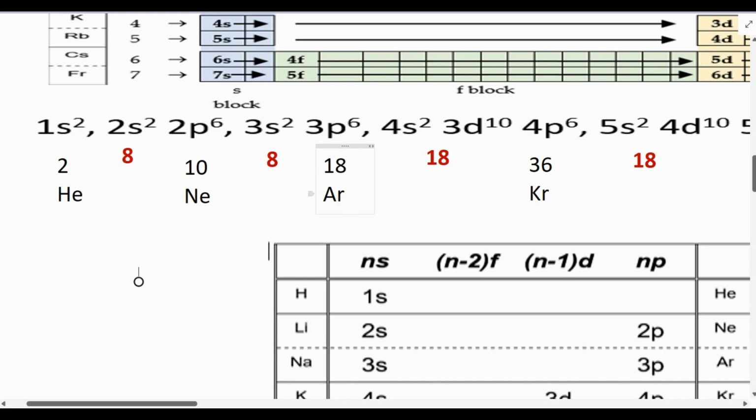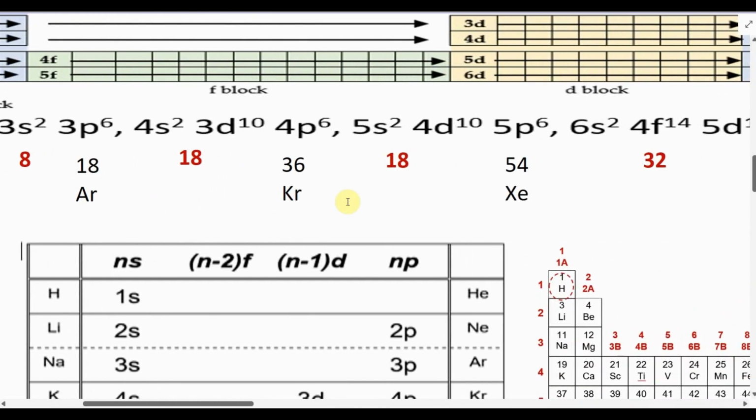Now across the fourth period, or fourth shell, we have s, d, p. And then 10 more electrons can go into these 5 d orbitals. 4s2, 3d10, 4p6. Well, there's a total of 8 plus 10, which is 18. 18 plus 18 makes 36, brings us to krypton. The fifth is filled like the fourth.